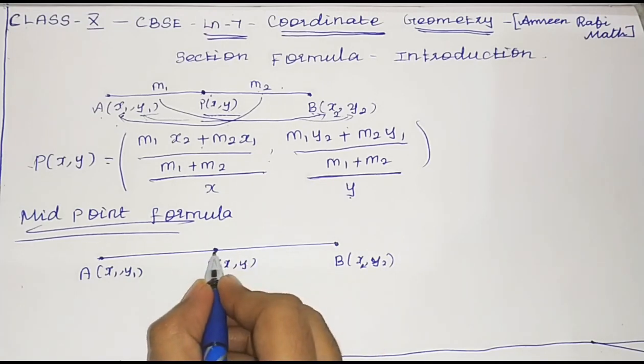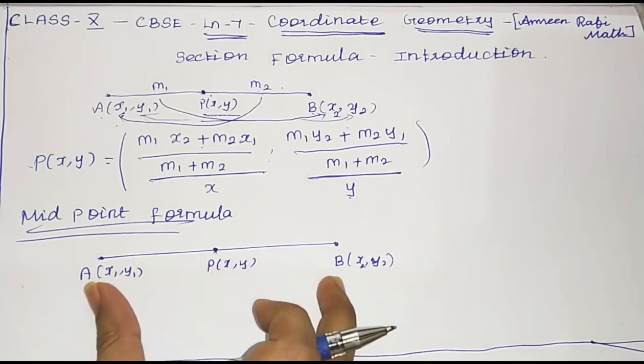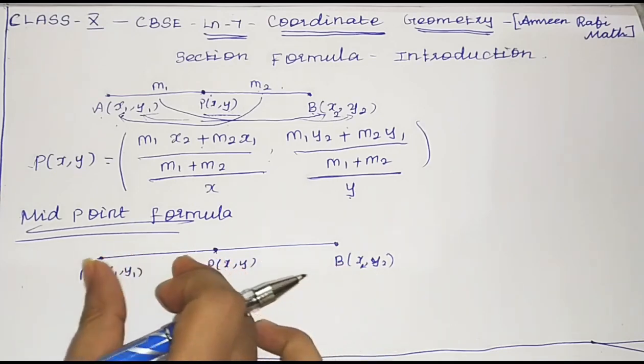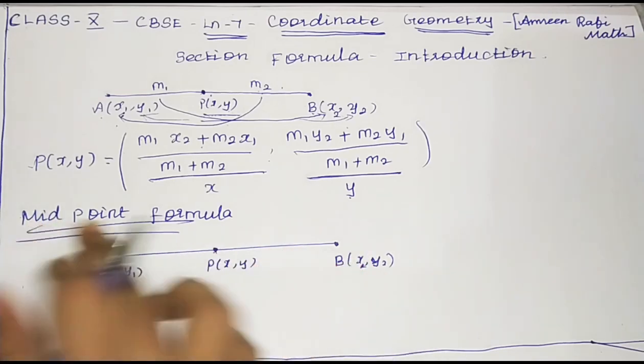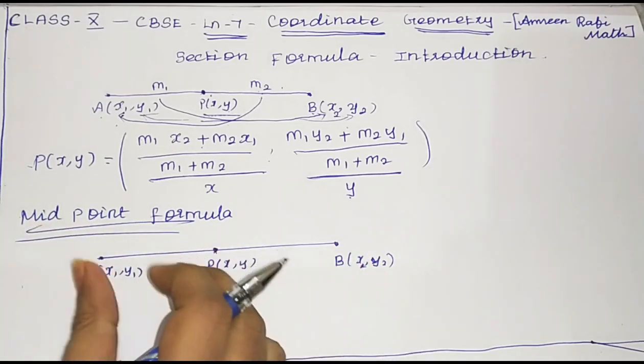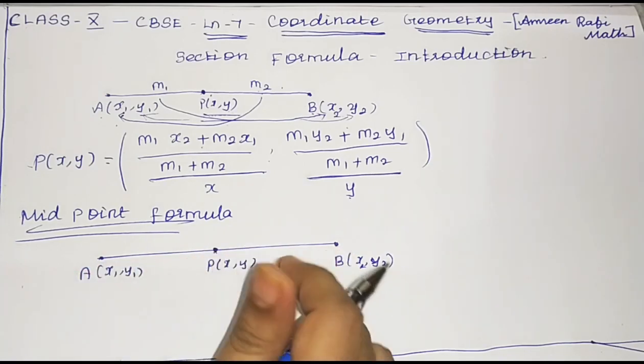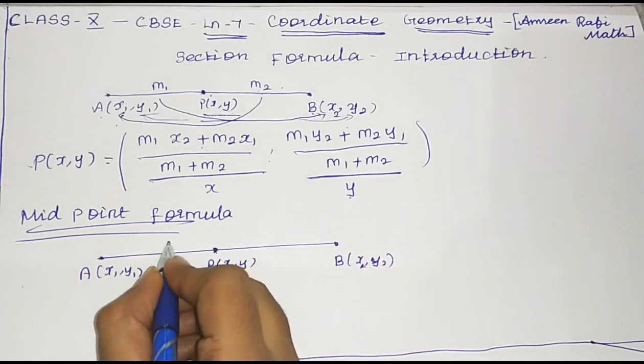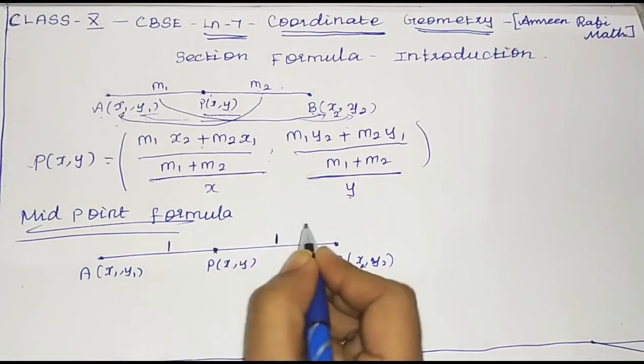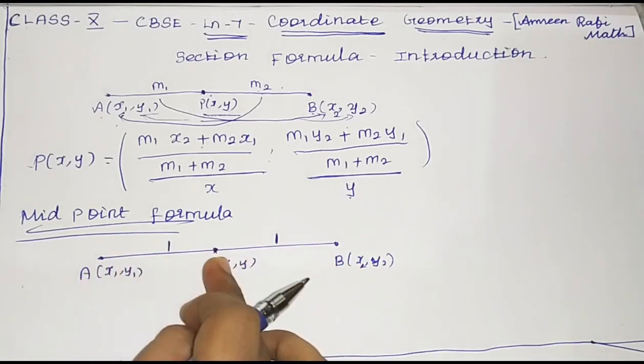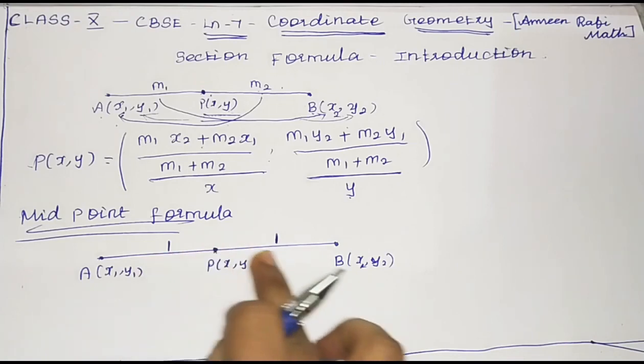Now P of x, y divides the line into two parts. Both the ratios are same, so this point is the midpoint. This part and this part are equal, so the ratio I consider 1:1. Always, if it is a midpoint, we have to consider the ratio 1:1.